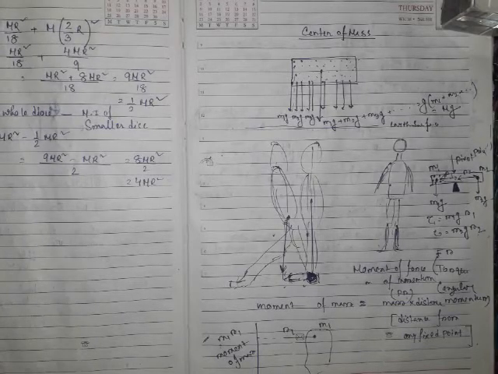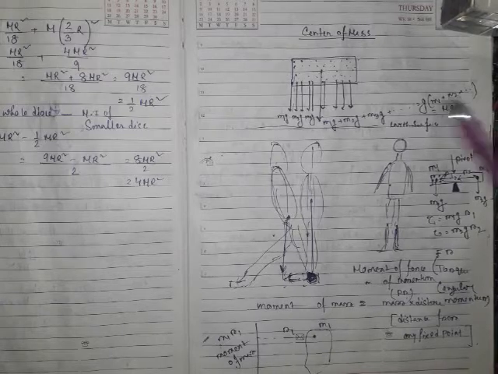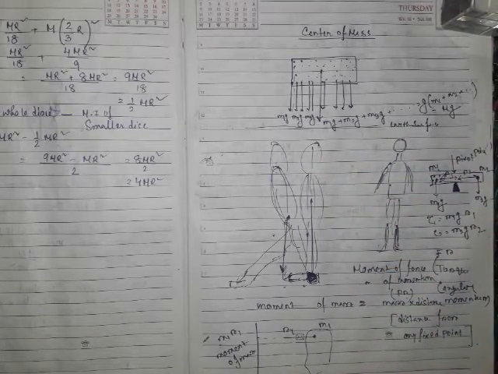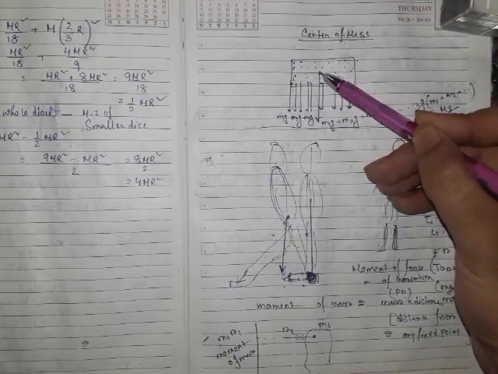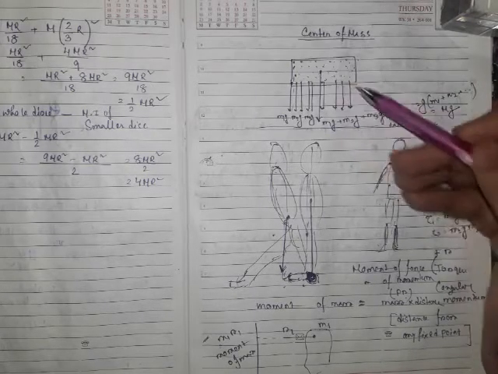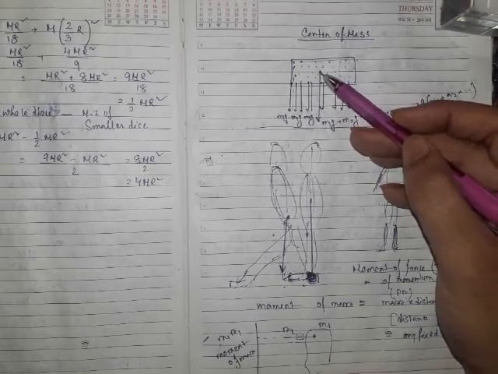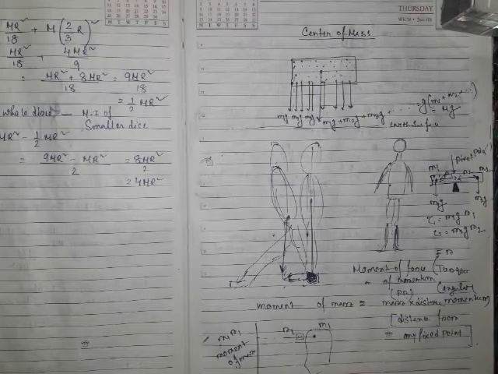So just keep them aside and consider that this complete force, m1g plus m2g plus m3g, acts from a point, maybe this point. We have considered the total gravitational force acting from this point. This point is called the center of gravity.